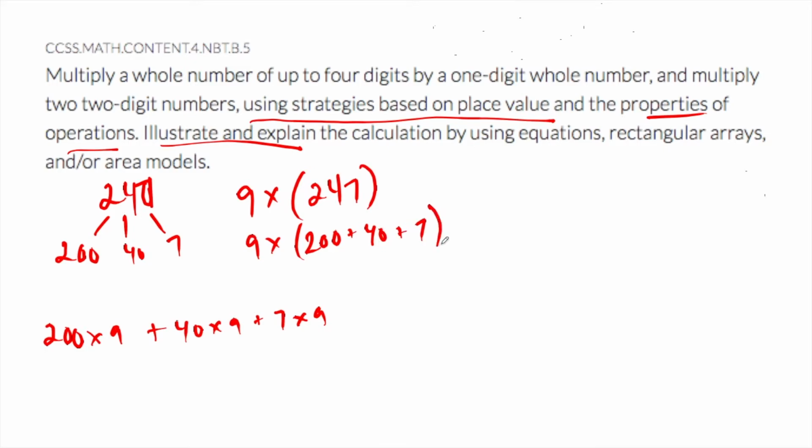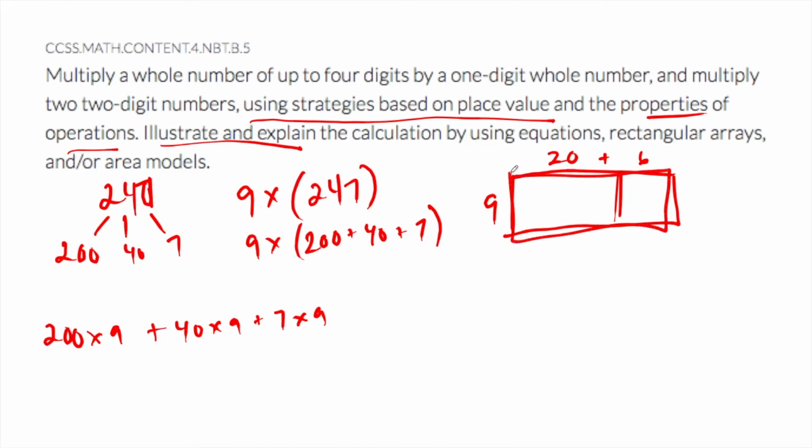And we can show all of this using an area model, because students in third grade learned that you can find different areas. So let's say you did the area of something that was 9 times 20 and the area of something that was 9 times 6 and put them together, or just think of it as put together in the first place, 9 times the full 26.